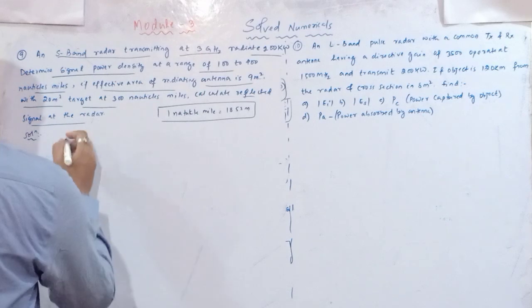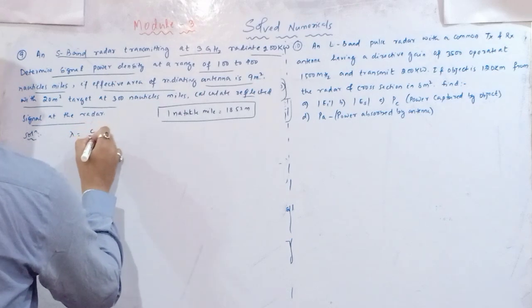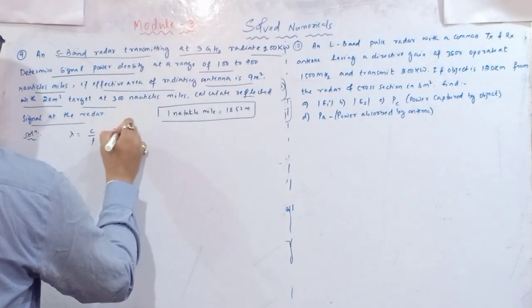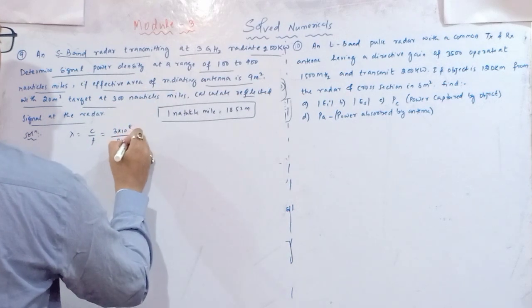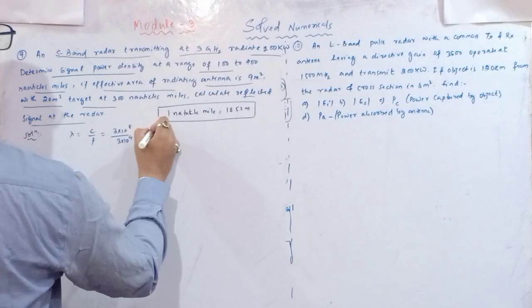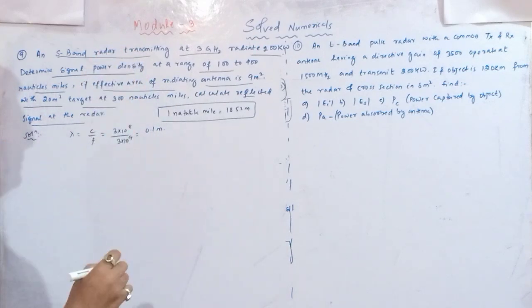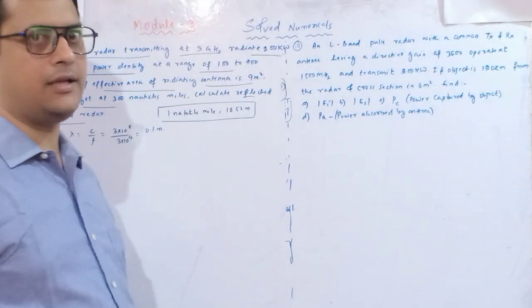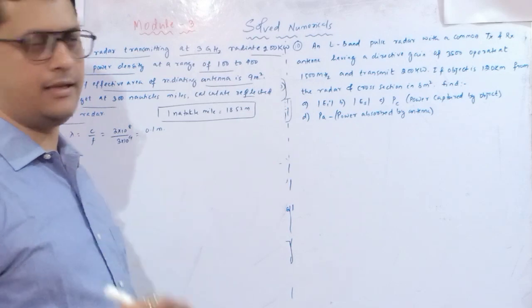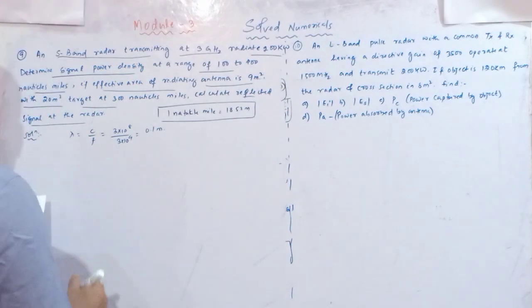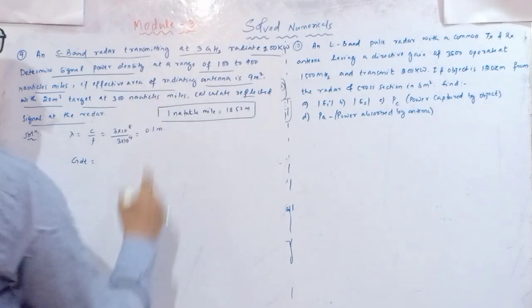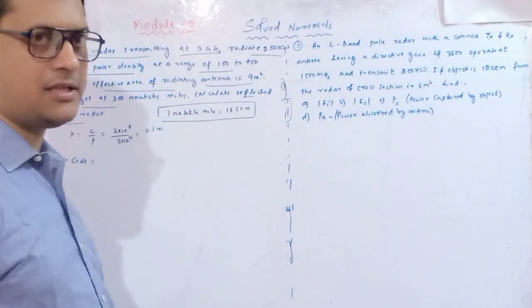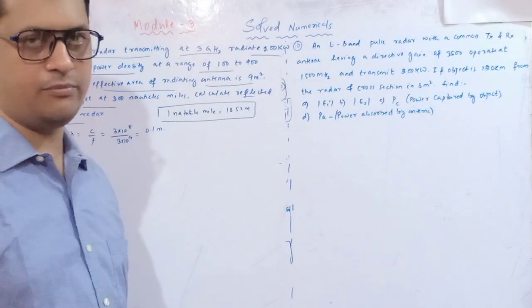So first, I will calculate the wavelength, that is 3 into 10 to the power 8 divided by the operating frequency of 3 gigahertz. So that means it is 0.1 meter. Since the frequency is very high, your wavelength is going to be very small. So lambda is 0.1 meter. Next I will determine GDT, because with the help of this transmitting and receiving principle, the Friis equation will come into the picture.